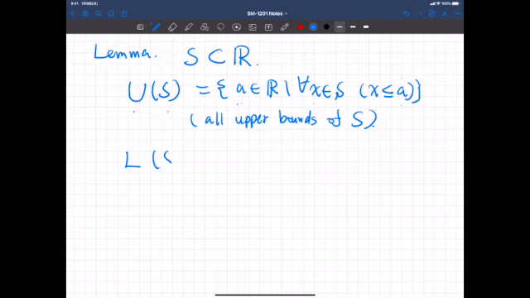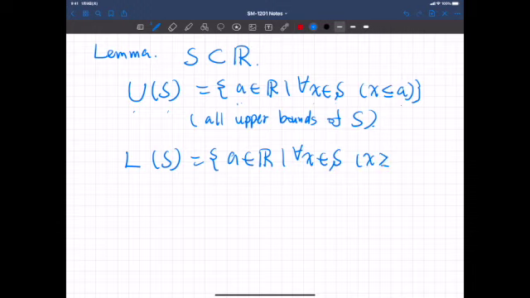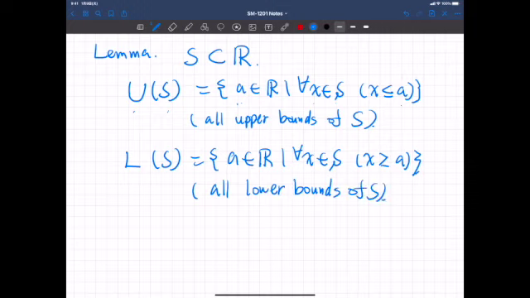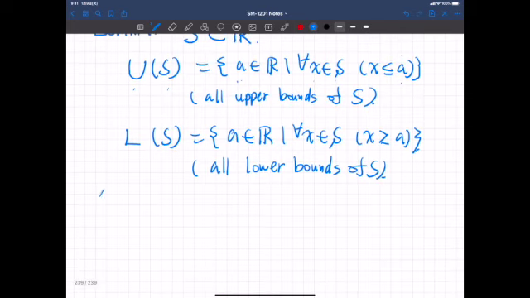And similarly, we define L of S as this. For all x in S, x is greater than or equal to A. So this is the set of all lower bounds of S. Okay, then the following holds.